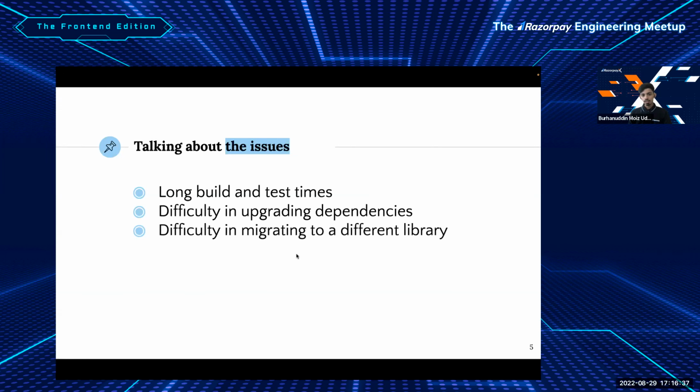On top of that, similar to the previous problem I told you about, there is also migrating to a different library. To give an example, and this is obviously just an example, let's say you were using Redux across your whole dashboard, and you wanted to use something lightweight now, something like Zustand, which is a more lightweight state management library.